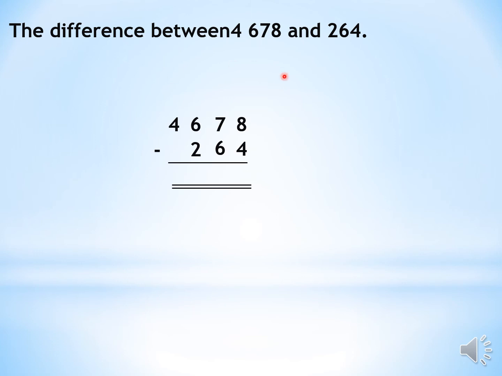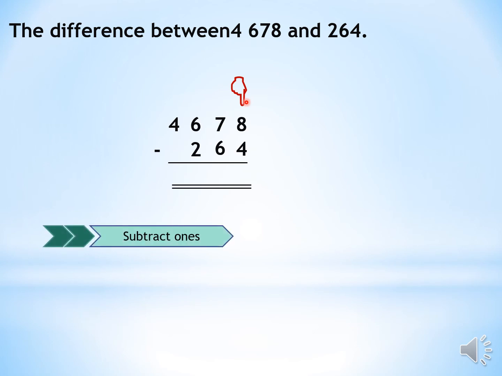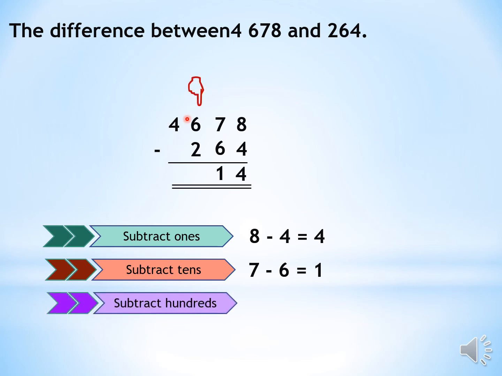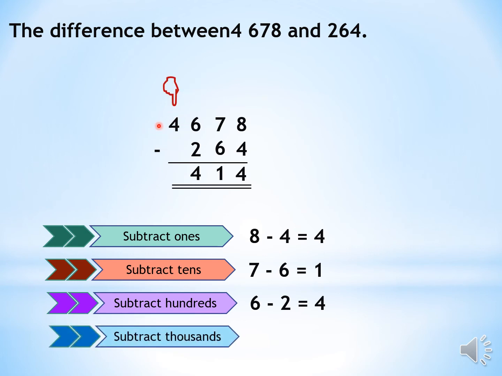Yes, they are even. We start from ones. So 8 ones subtract 4 ones, 4. Then we subtract tens. 7 tens subtract 6 tens, 1 ten. Next, subtracting hundreds. 600 subtract 200. Yes, 400s. Now moving to the thousands place. But do we have to subtract any thousand here?